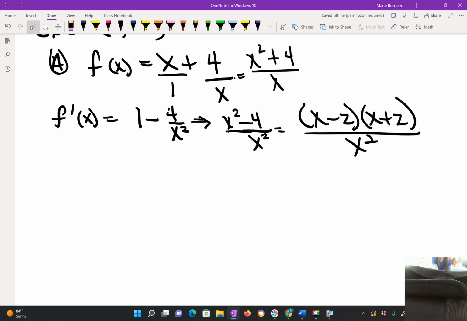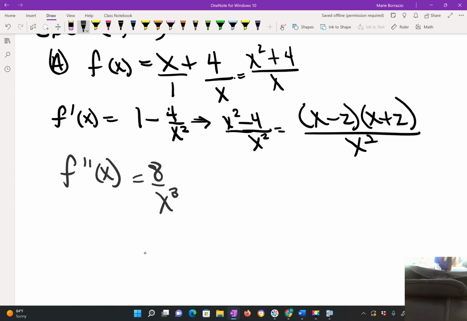All right, the second derivative, which we also need to find, is going to give you 8 over x cubed.